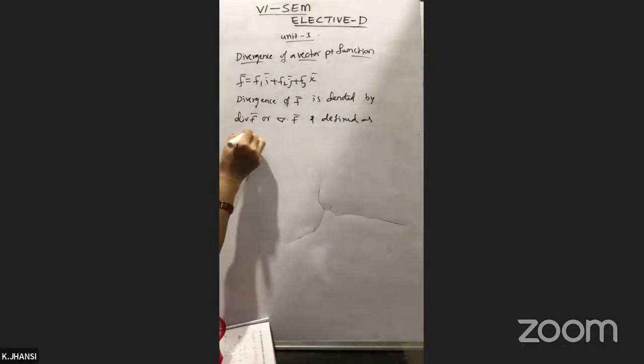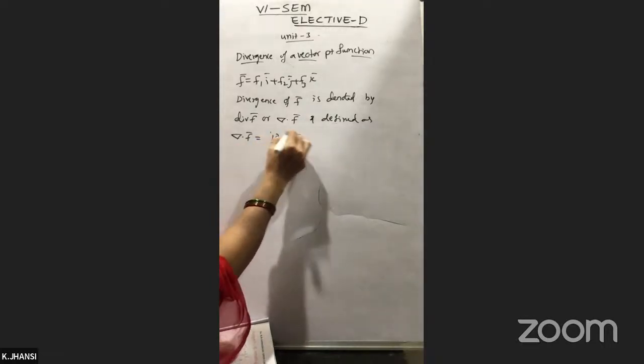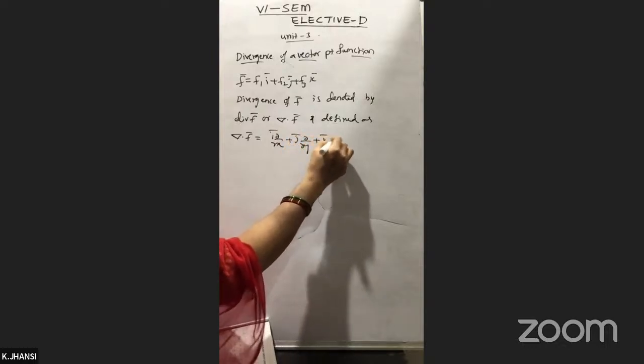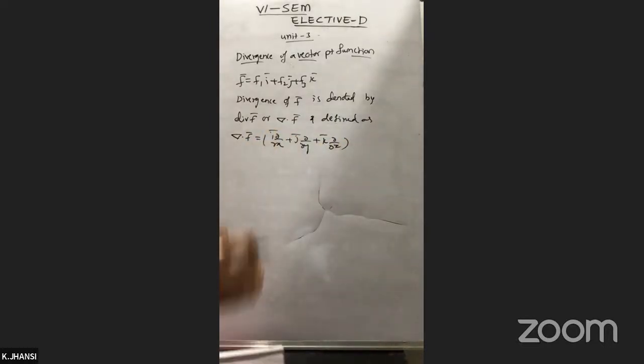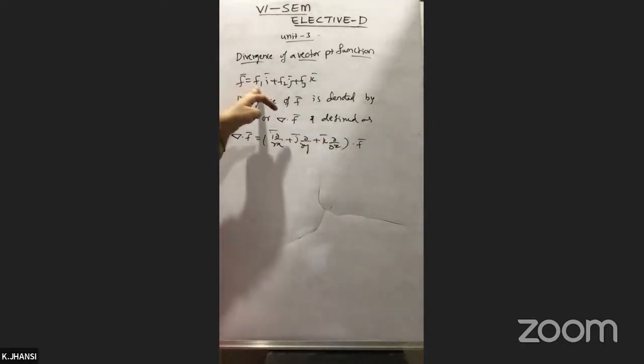del dot f is equal to, what is the del definition? i dou by dou x plus j dou by dou y plus k dou by dou z, dot f. What is f? F is f1i plus f2j plus f3k.